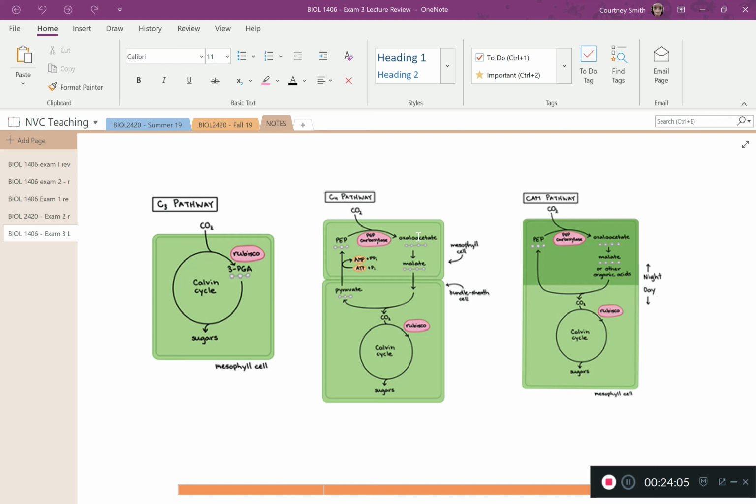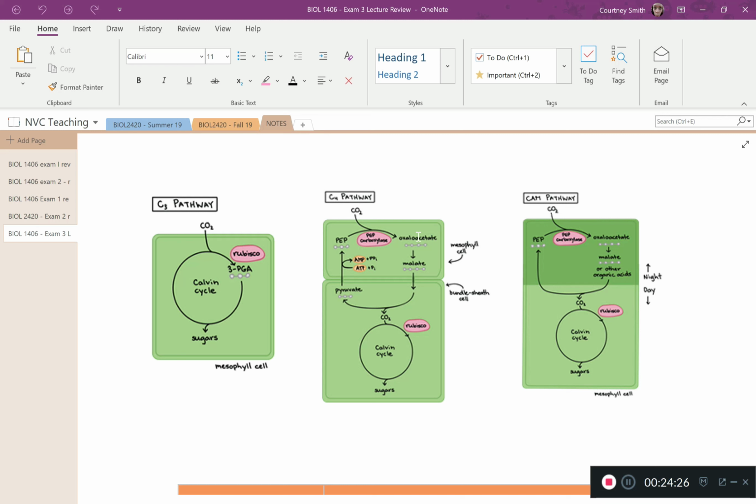And then after that point, as daytime comes around, that carbon dioxide is trapped inside of the plant cell, and it will then be able to enter the Calvin cycle, because the Calvin cycle does not occur until it is daytime.